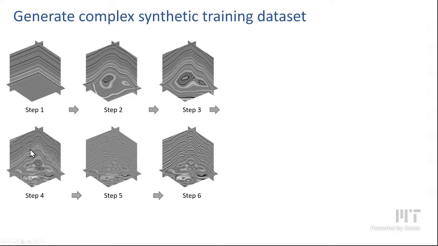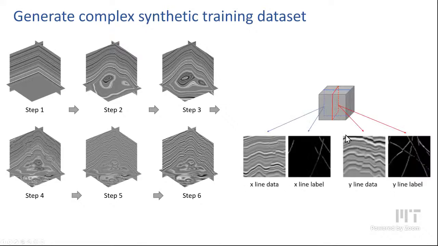After that, we start to add in faults and shift blocks along the fault relative to each other. Then we convert the image with the wavelet, and after that, we add noise and run smoothing.